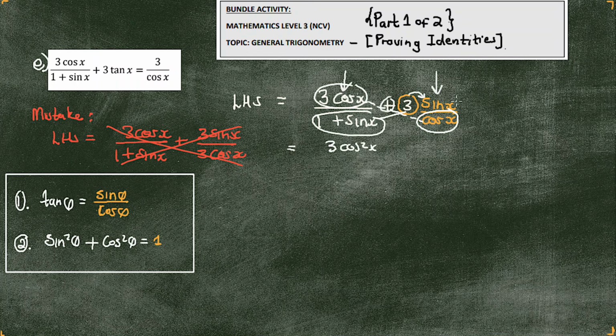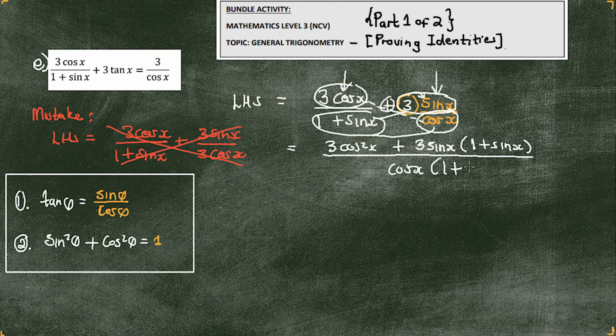This multiplies the 3 sine x. It gives us a what? A plus 3 sine x multiplying this 1 plus sine x. I want to take it step by step. And then this multiplies that, cos x, 1 plus sine x.